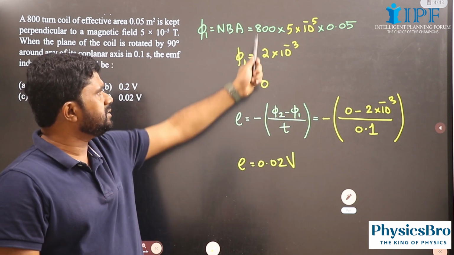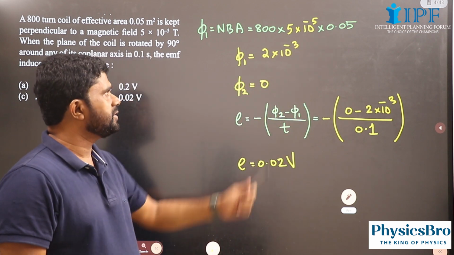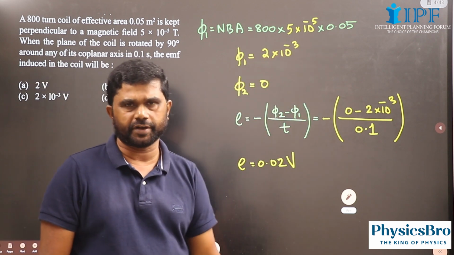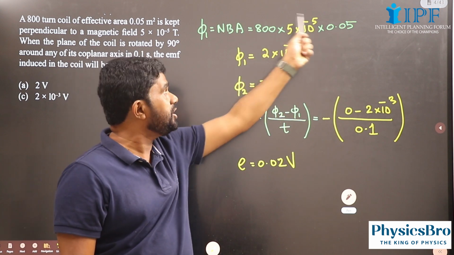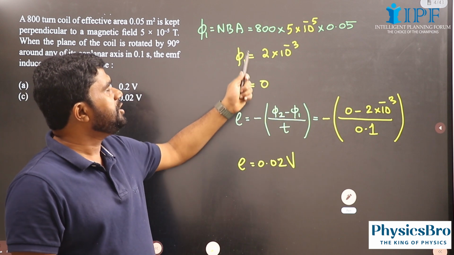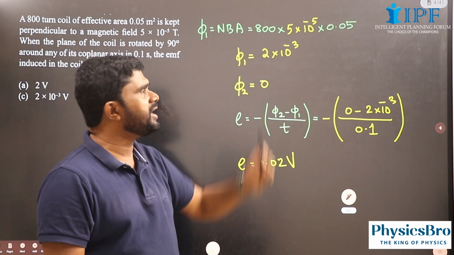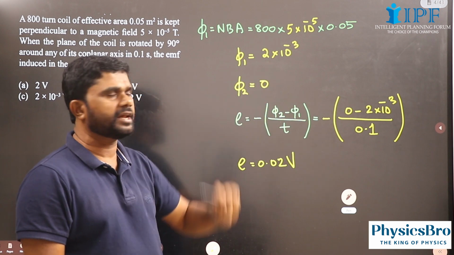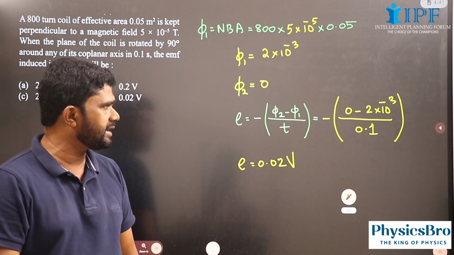Now see this, 800 into 0.05. This 100 into 0.05 will become 5, into 8 will become 40. Okay. Then 40 into 5, that is 200. 200 into 10 raised to minus 5, that is 2 into 10 raised to minus 3, that is the initial flux. Finally it is 0, that I have explained earlier.